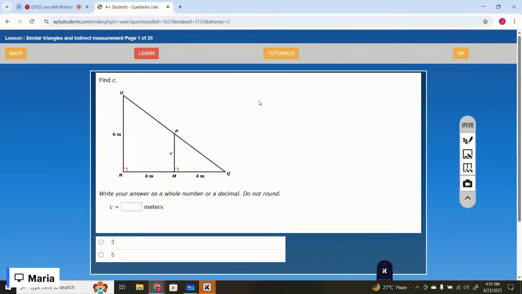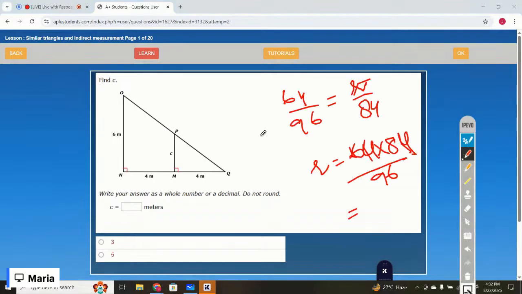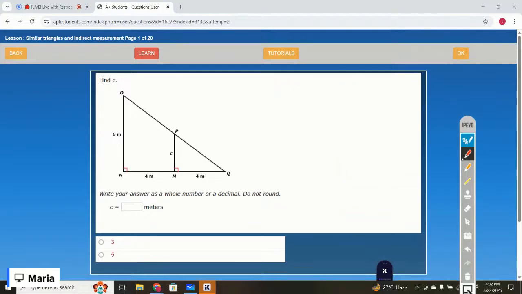Okay, you find the side C. I'm not going to draw them separately, but I'm going to do the same thing. C divided by 6 is equal to 4 divided by 8. 8 is the length of this QN in the bigger triangle, right? So C is equal to 6 times 4 over 8, that is 24 over 8.